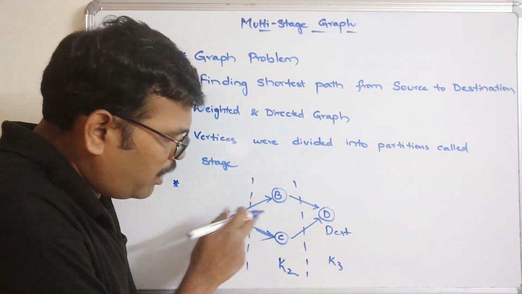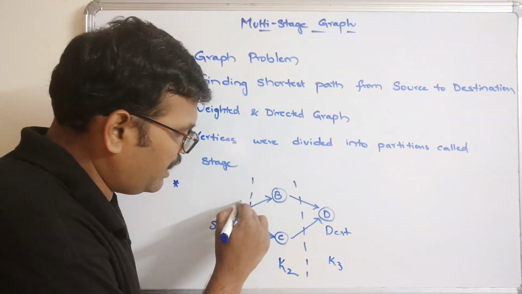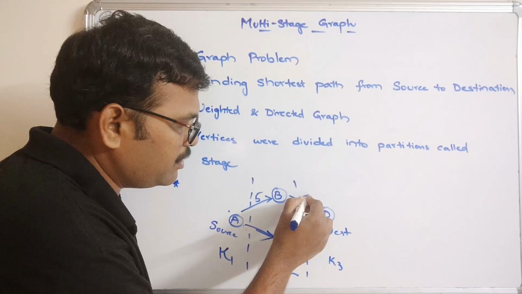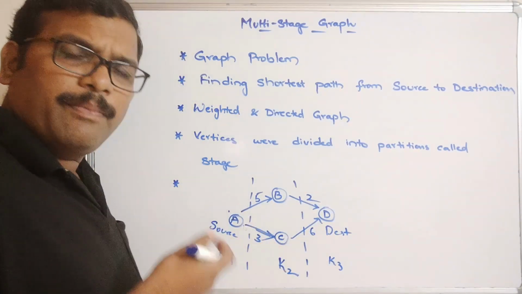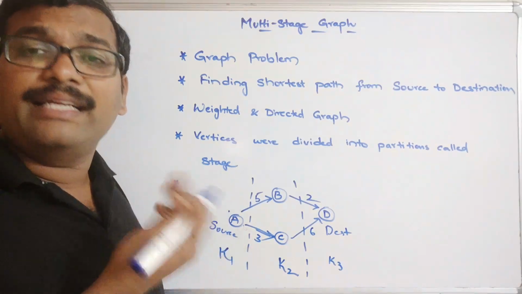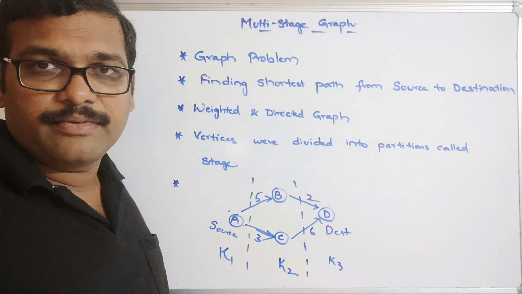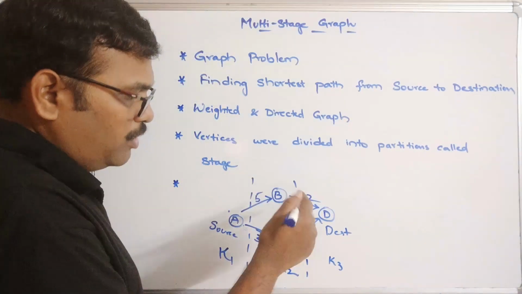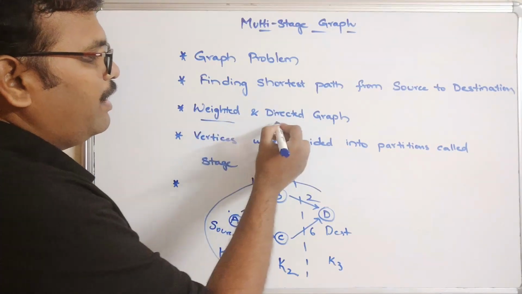And also every edge should have a weight. For example, the weights are 5, 2, 3 and 6. You can call them a weight, a cost or a distance, anything, right? Such a graph we call a weighted directed graph.